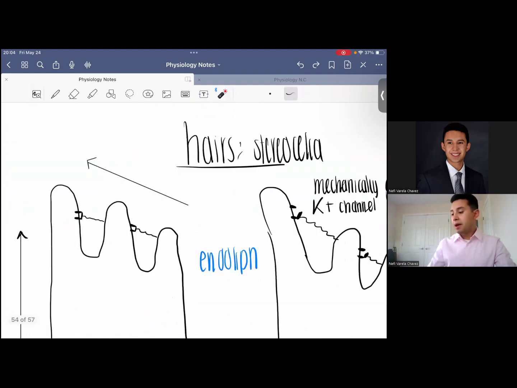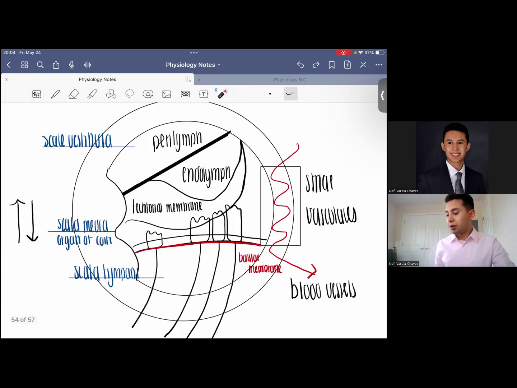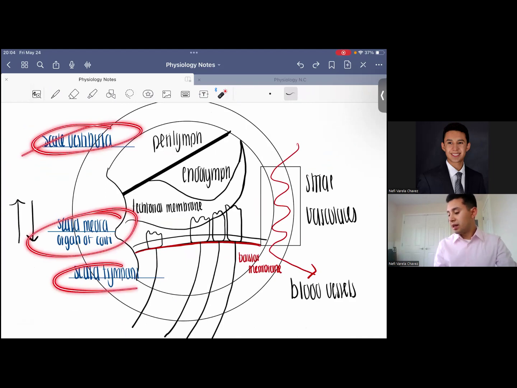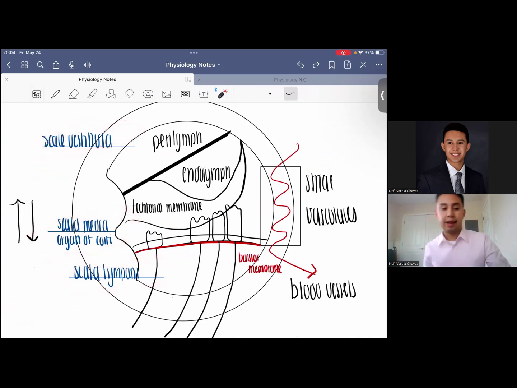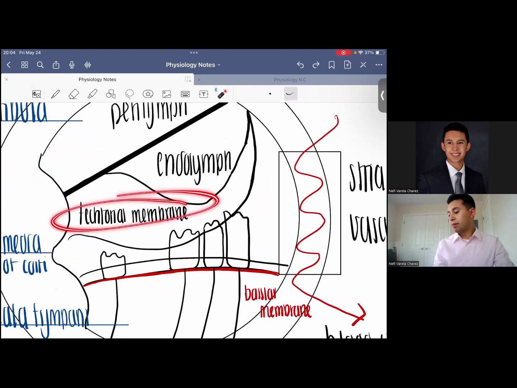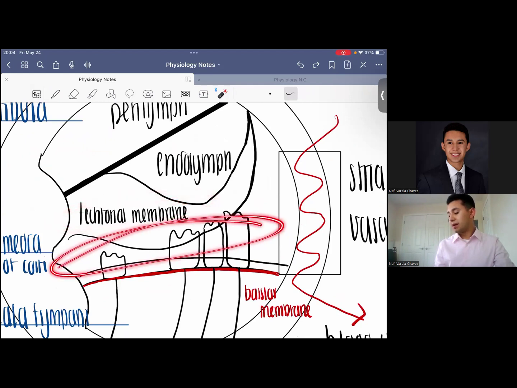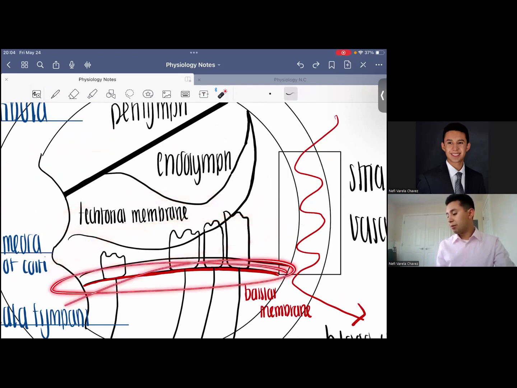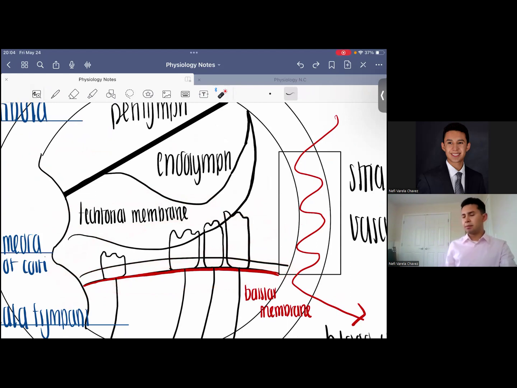Now, within the cochlea, we're gonna have this scala vestibuli, scala media, and scala tympani. Okay. Within the scala media, we're gonna have this structure named organ of Corti, formed by a tectorial membrane and these cilia and our basilar membrane.